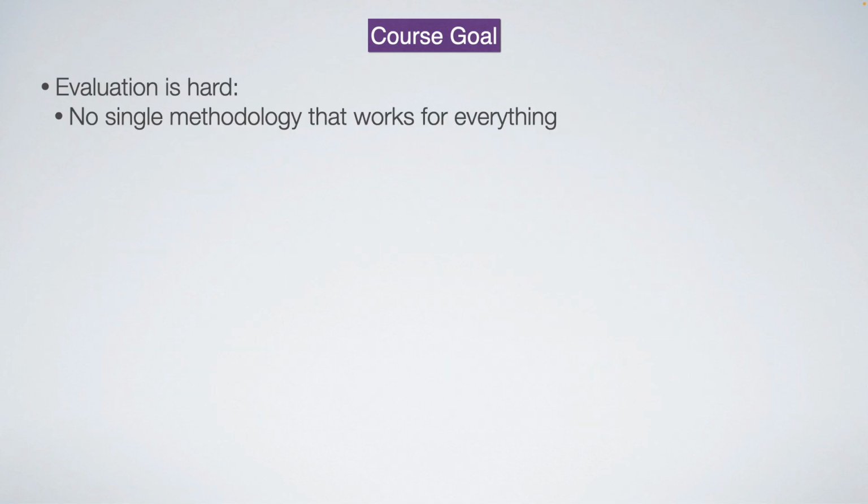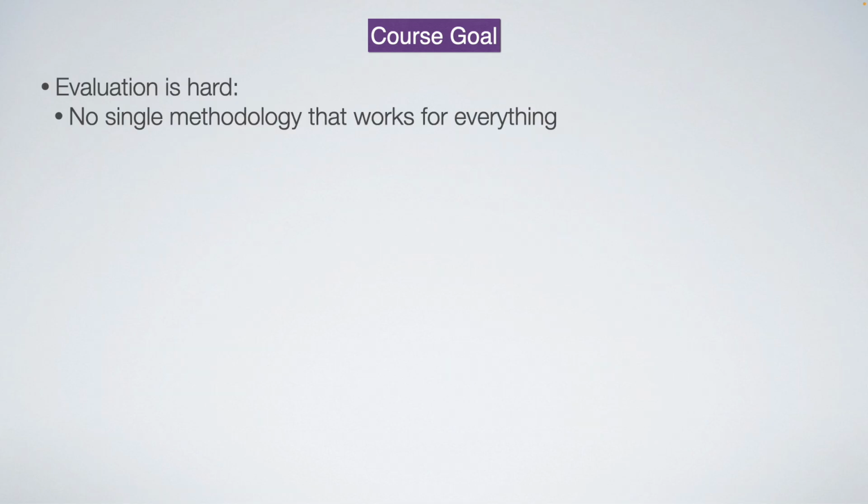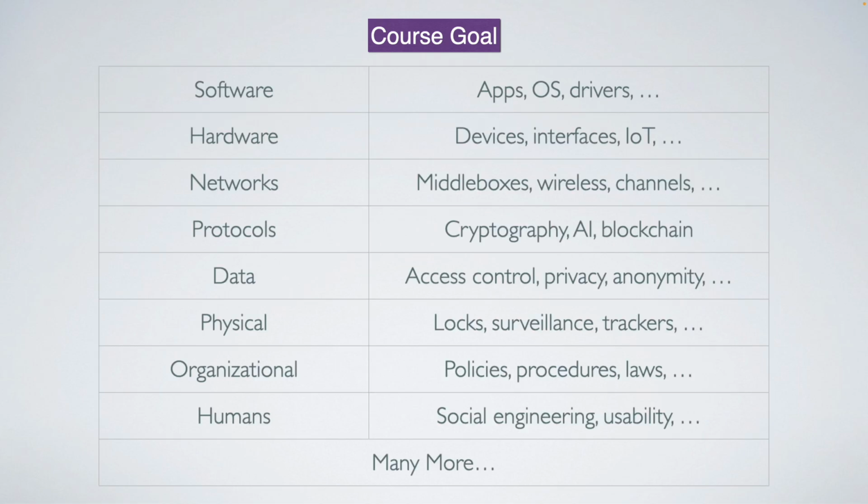Okay, so security evaluation, this course is kind of hard to teach because I can't give you an evaluation method that's going to work for all of these things. There just isn't one, period. Okay? Or alternatively, you could argue, actually, there are some methods that do actually work for all of these. In fact, the one I give you today is called Stride, and it does actually work for all of these.